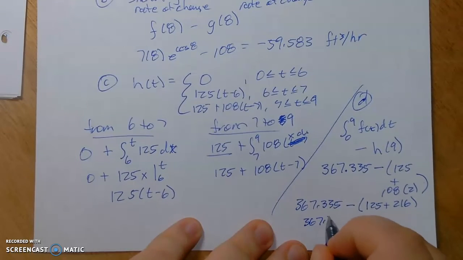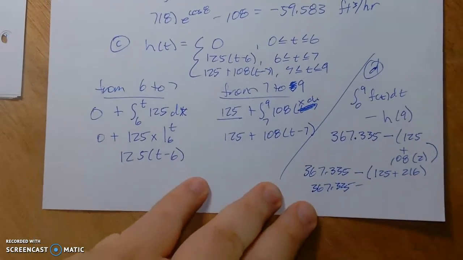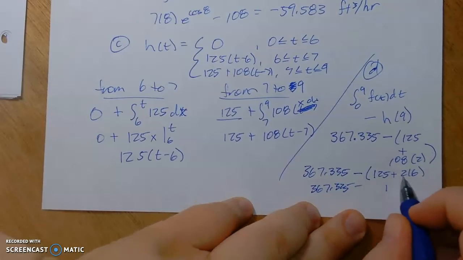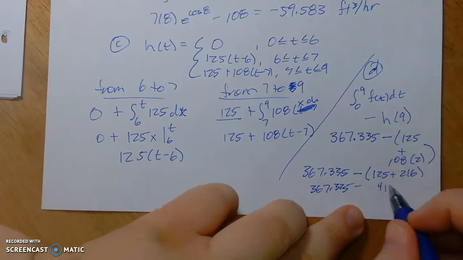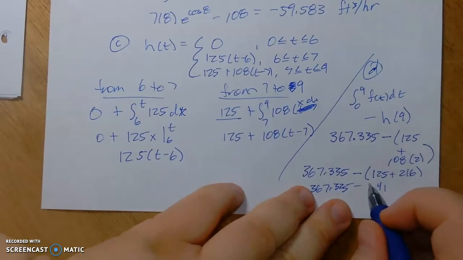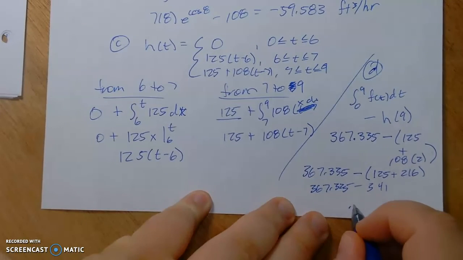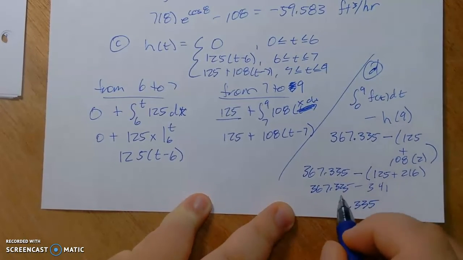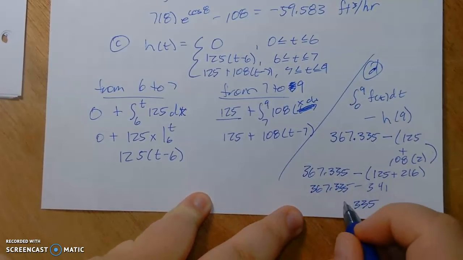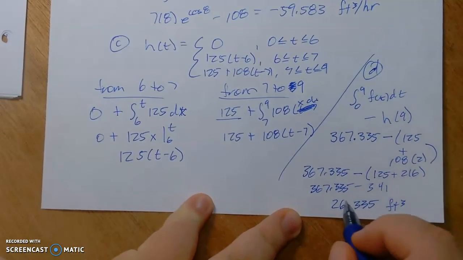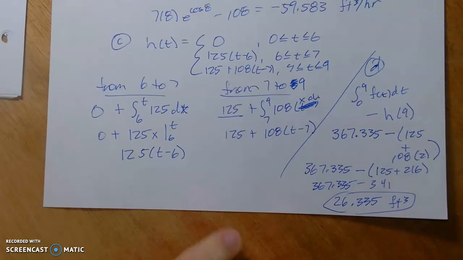So 341. Sorry, I should have had this done for you. So subtracting, we'd be left with 335.62 cubic feet of snow. So she's almost done. Just a little bit longer and she'll finish it out.